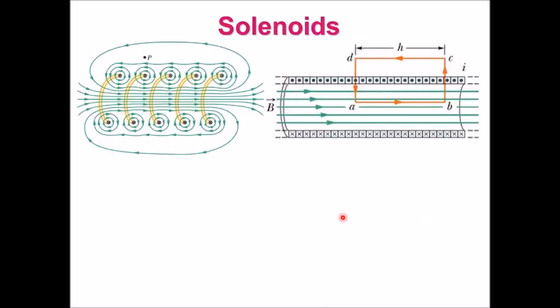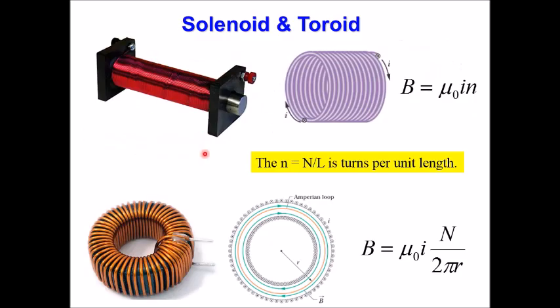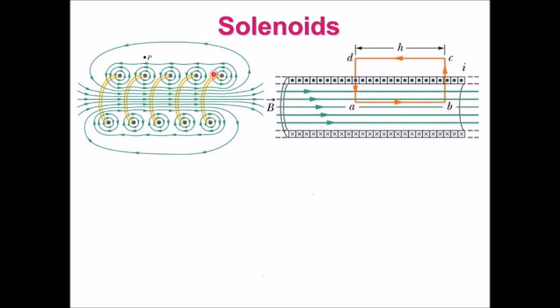So let's start with the solenoid. If you take a real solenoid like this one, and you want to see the magnetic field lines, they look something like this. So here you have these turns, and what happens? The current, let's say, is coming out of the board here, and it's coming into the board here.